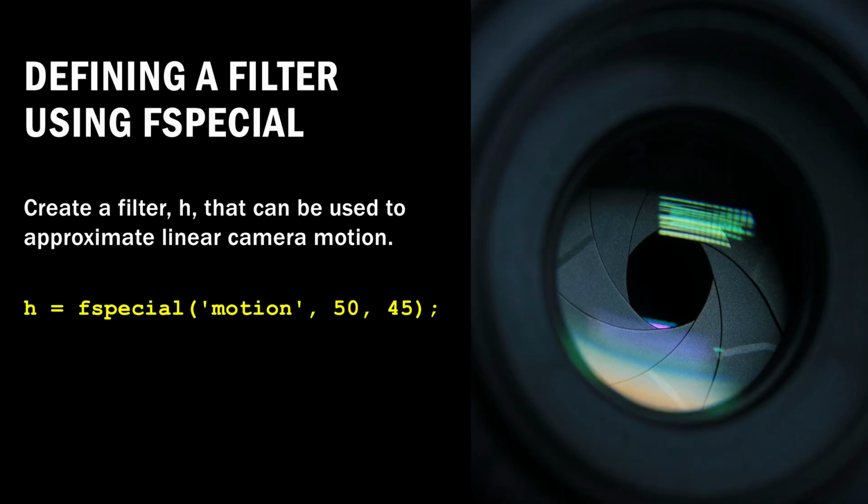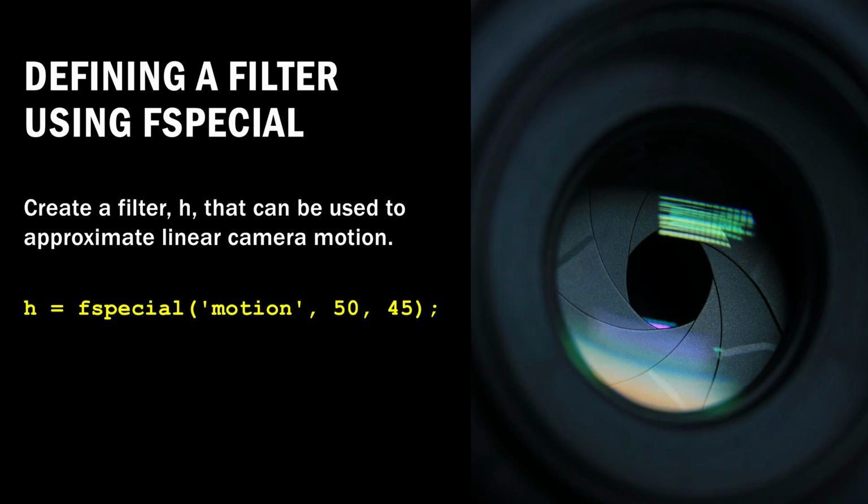Now, let's define a filter using MATLAB's fspecial function. In this example, we create a variable named h to store a built-in filter that simulates camera motion. The first input parameter, motion, specifies the type of filter to create. The second parameter defines the length of the motion in pixels, and the third parameter sets the angle of motion in degrees, measured counterclockwise.